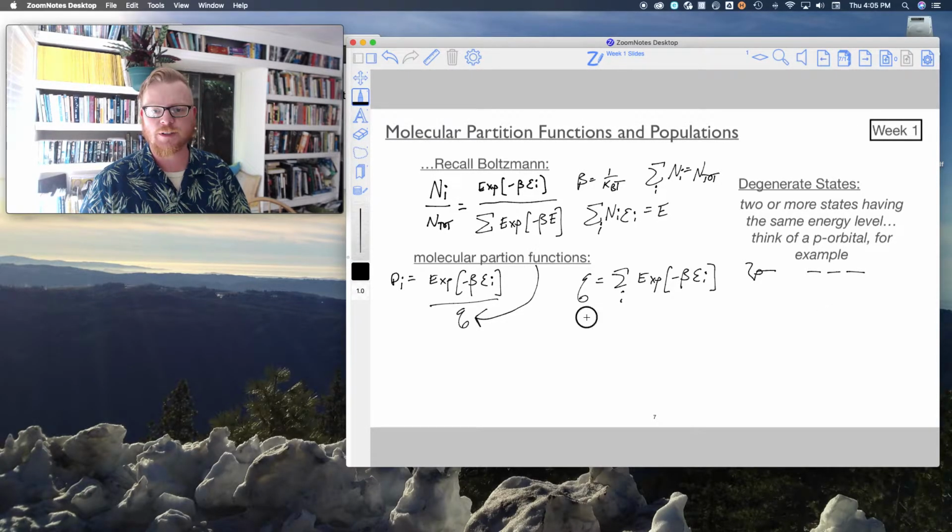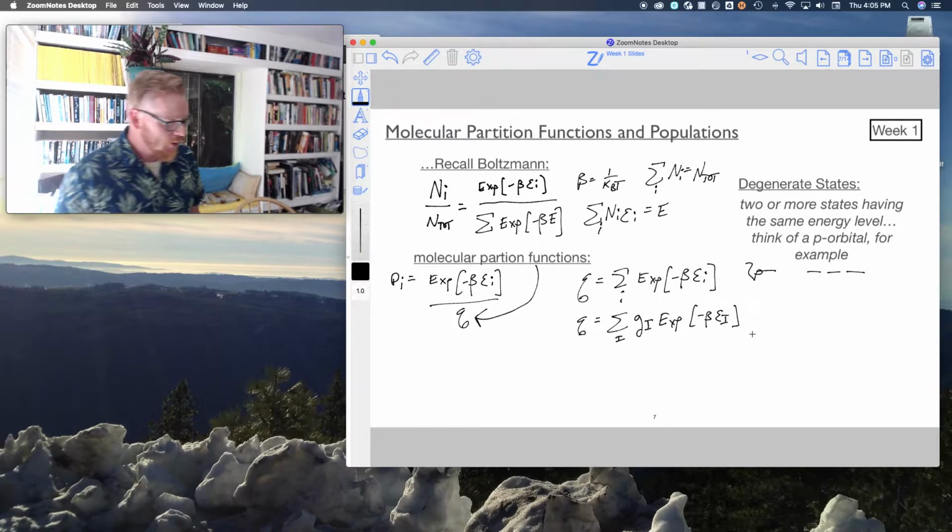So if there are equivalent degenerate states, I'm going to write that as Q equals the sum, and I'm going to write a different letter here to signify it's slightly different, capital I. So I'm going to say now that's g sub I, Q and g. So the g is my degeneracy term, and then of course that's still going to be times this exponential.